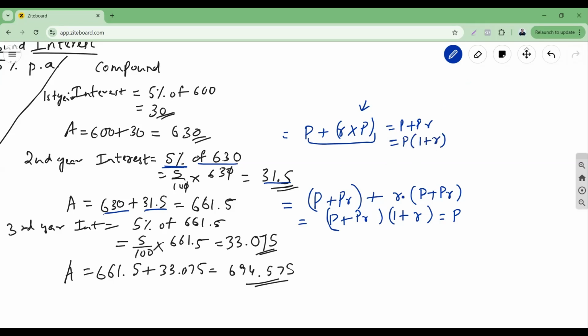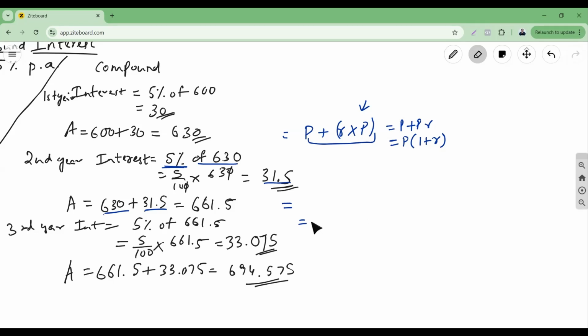Let me simplify that so that it becomes easier for us to understand. P plus PR, that means let me take P as common, P times 1 plus R. So in the first year itself, it was P times 1 plus R.